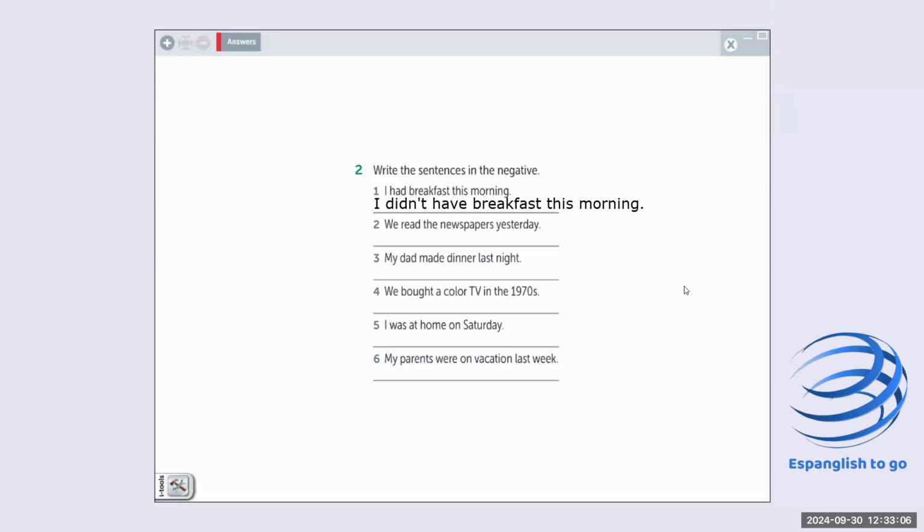Negative: we didn't read the newspaper yesterday.